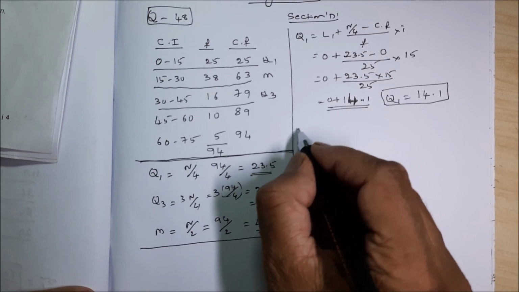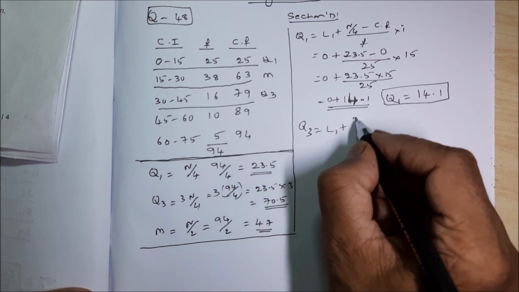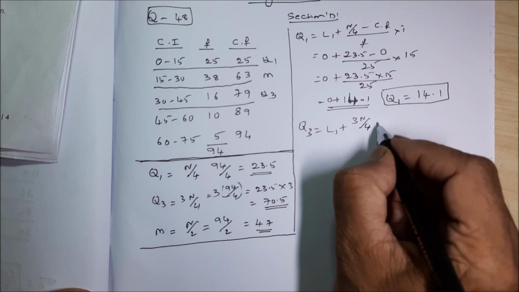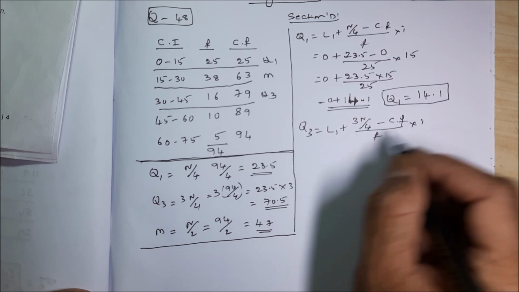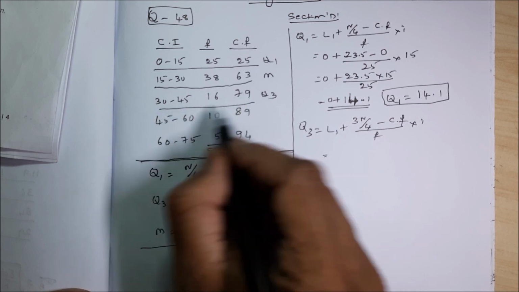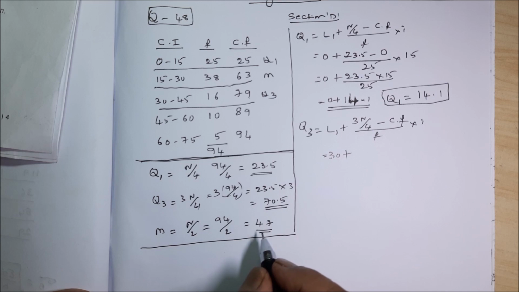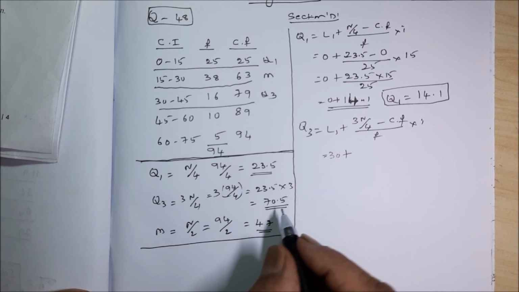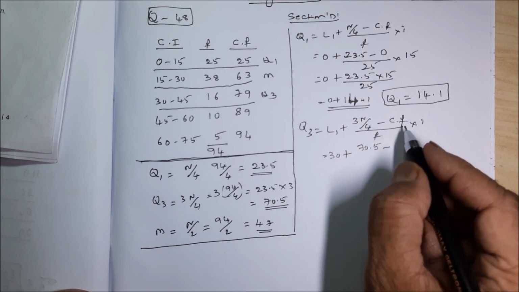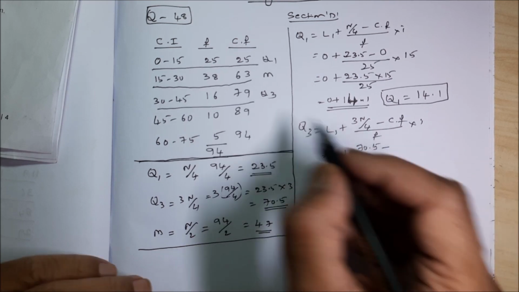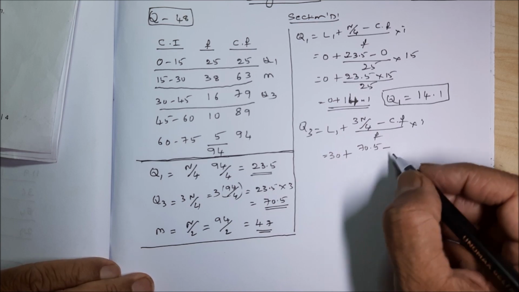Okay. Then Q3. Q3 is equal to L1 plus 3n by 4 minus CF by F into I. L1 is 30 plus 3n by 4. You have already found out it is how much actually? 70.5 minus CF. CF, the preceding one, is 63, right?